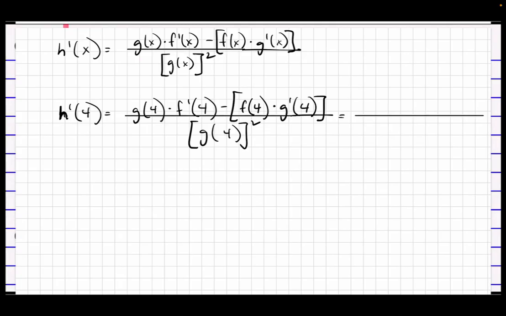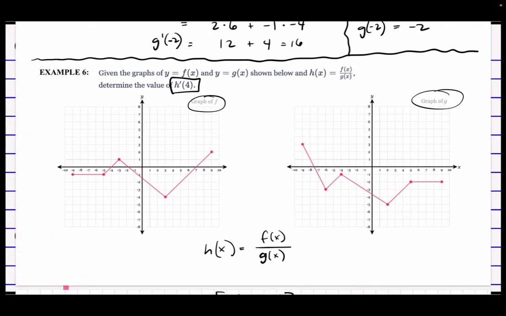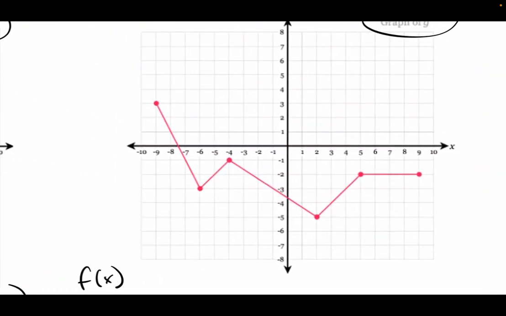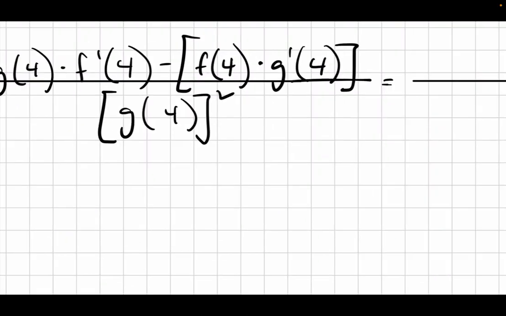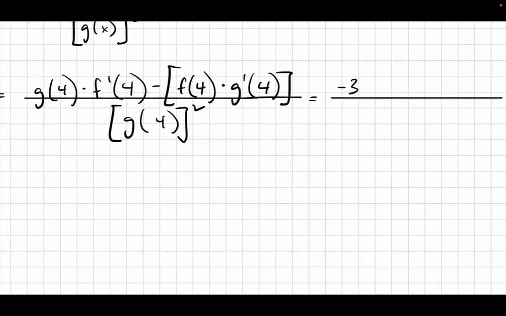Okay, so let's do this again. G of 4. That means on graph g, when x is 4, it looks like negative 3. So negative 3 times, got that one done, f prime of 4.